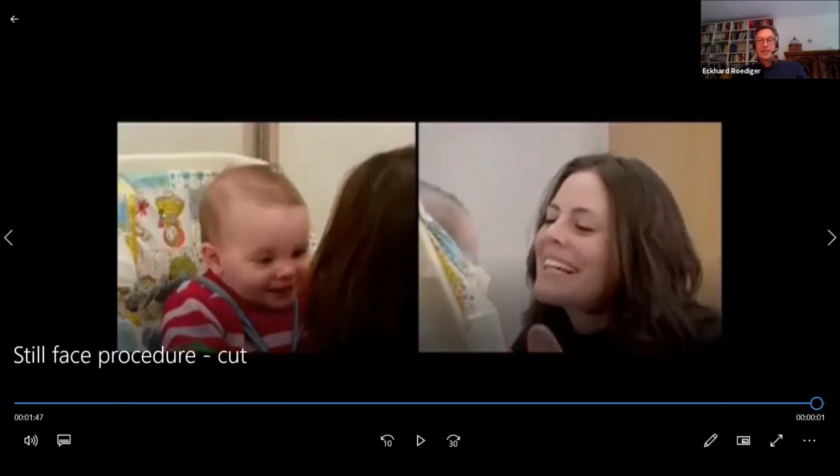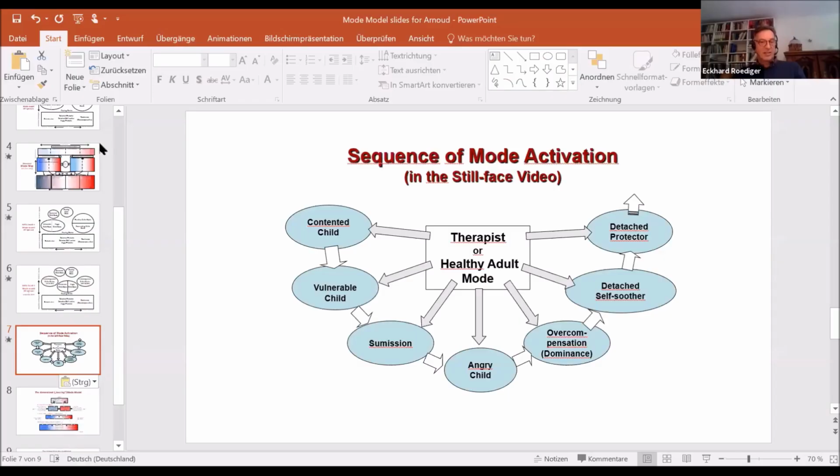Okay, so if we now go back to our clash card, let me go here. For the last 5 minutes, and maybe we will have to discuss it later, you can see the chain of modes we see along the way of the video. It's like a chain reaction, one mode following the other.